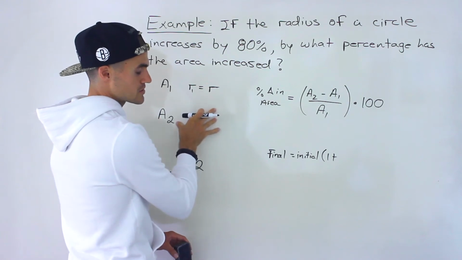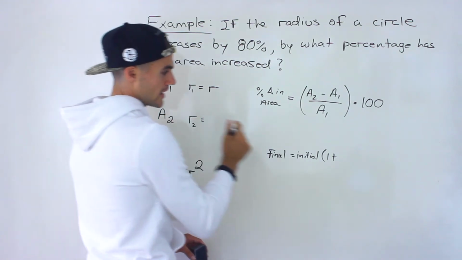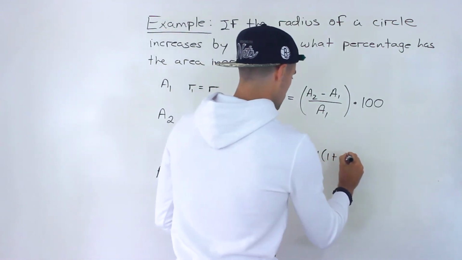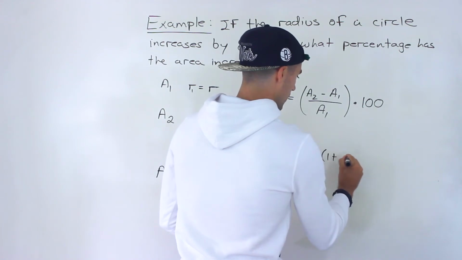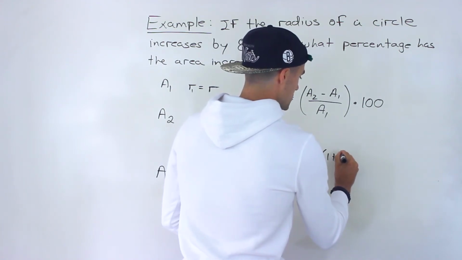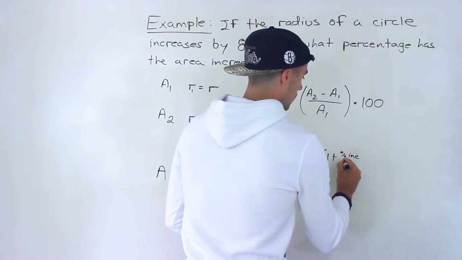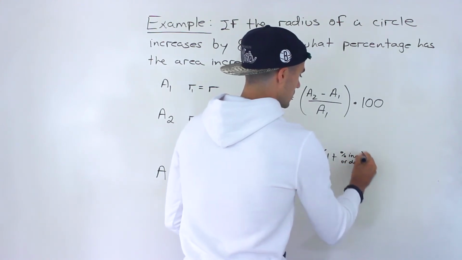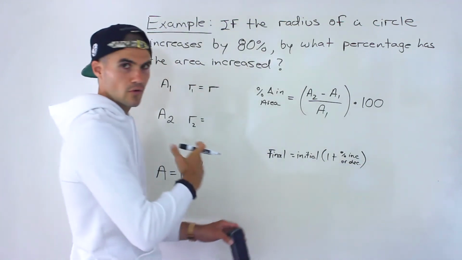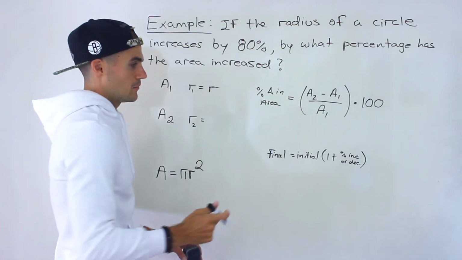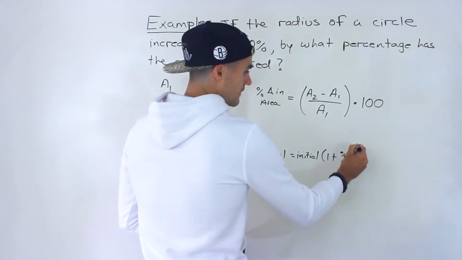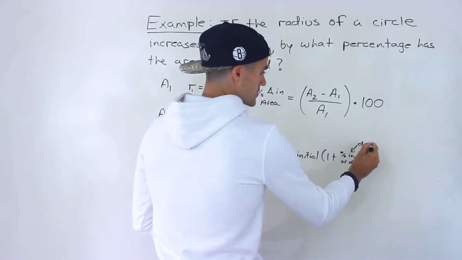These r's represent the radius. So over here, I'll just write it out: 1 plus the percentage increase or decrease, because usually we put 1 plus r here for that growth rate. But I'll just put this in words. And this percentage has to be in decimals.